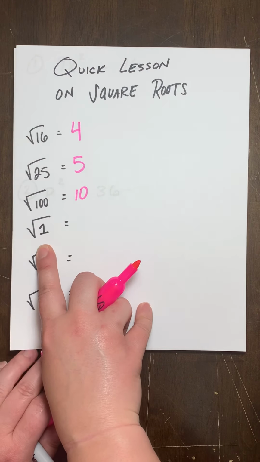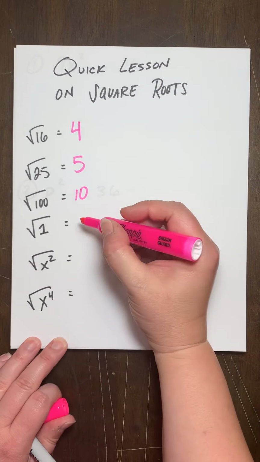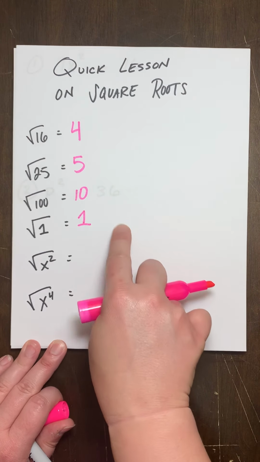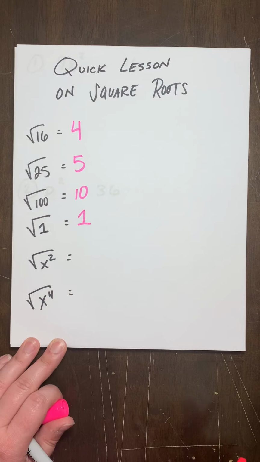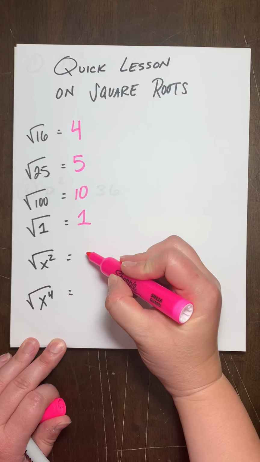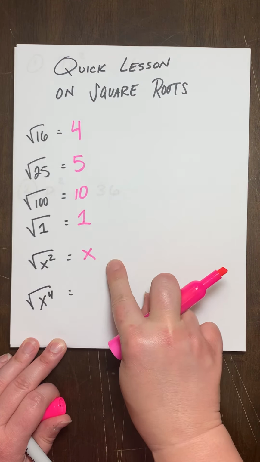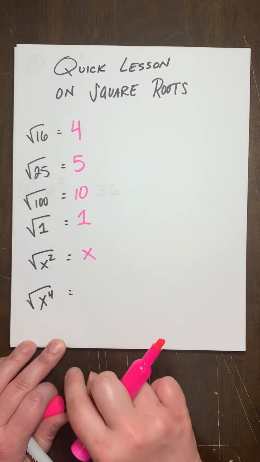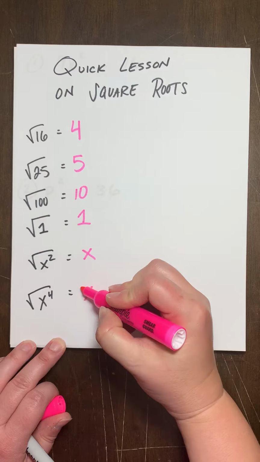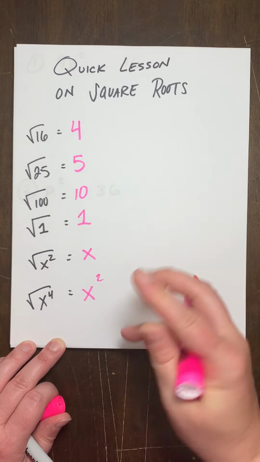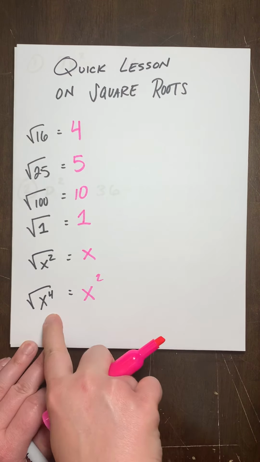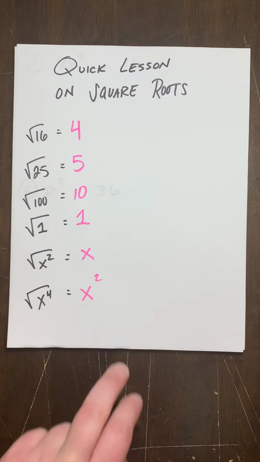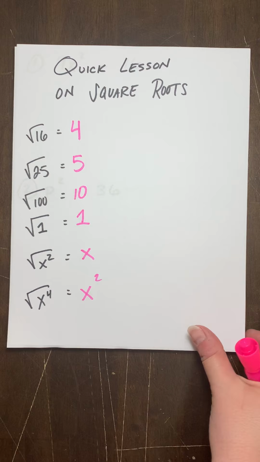Square root of 1 is 1 because 1 times 1 is 1. Square root of x squared is x because x times x is x squared. And the square root of x to the 4th is x squared because x squared times x squared is x to the 4th. If you can handle these, that's all you have to know about square roots for now.